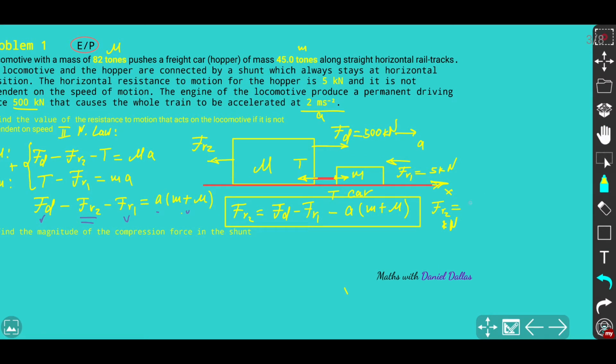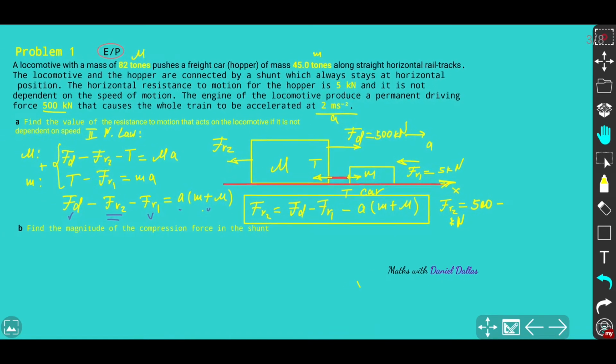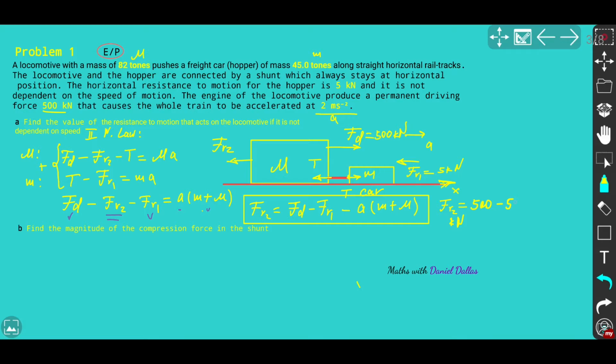I will write 500 minus Fr1, which in our case is 5. Just take away 5 from here. And I also need to take away the acceleration, which is 2 meters per second squared, multiplied by the total mass. The total mass is going to be 127. So finally, Fr2 in kilonewtons, I'll get 495 minus 2 times 127.